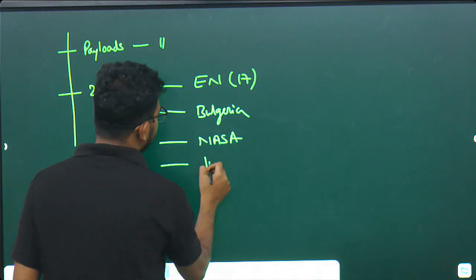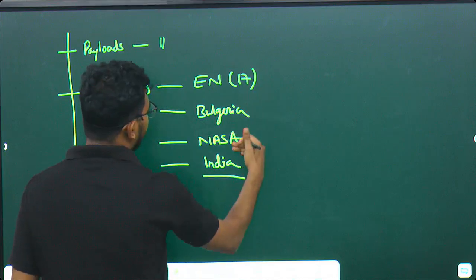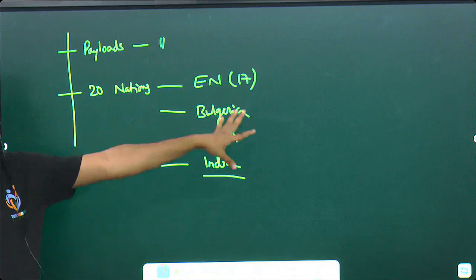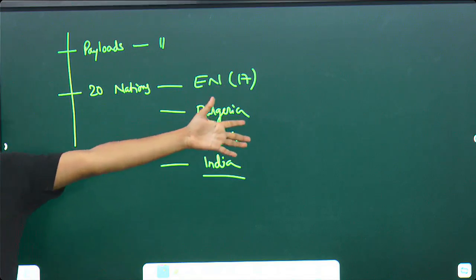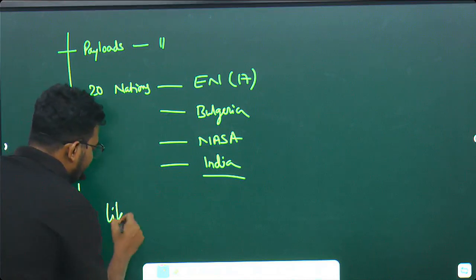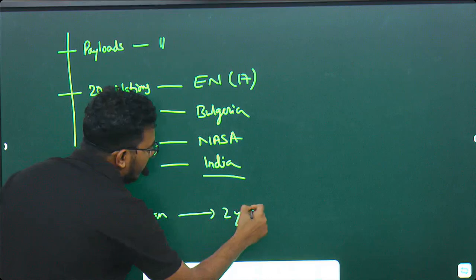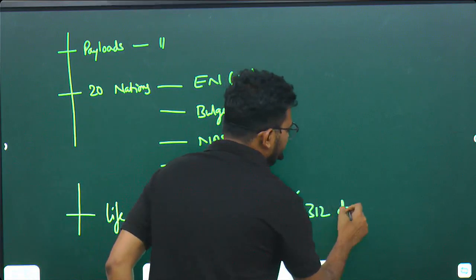And the other one is India. So 17, 18, 19, 20. So 20 nations worked together to launch this Chandrayaan 1 into space. Okay. Now, the last fact that you need to remember is the lifespan. What is the lifespan? 2 years. Okay. And write down, only 312 days it worked.